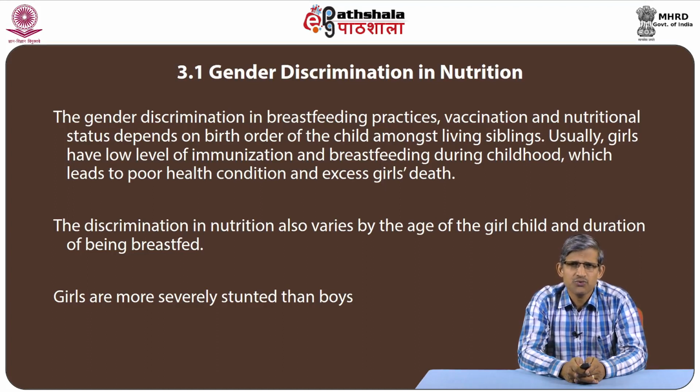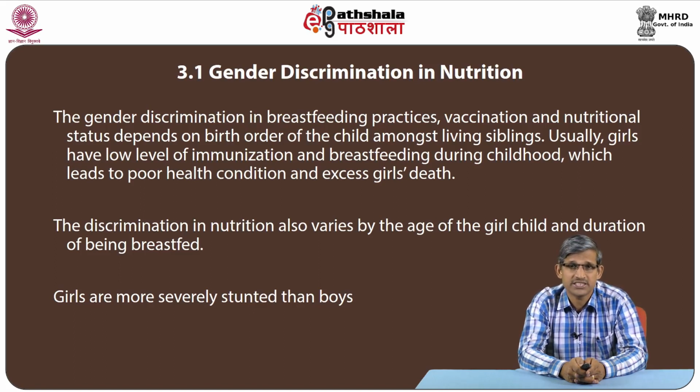It is also found that there is significant discrimination in nutrition among girl children as compared to boys, partly because of discrimination in breastfeeding as well as discrimination in sharing food within the family. This became more prominent over time and space.